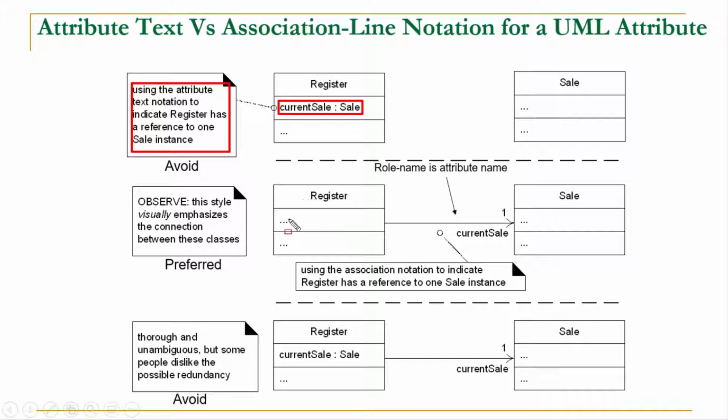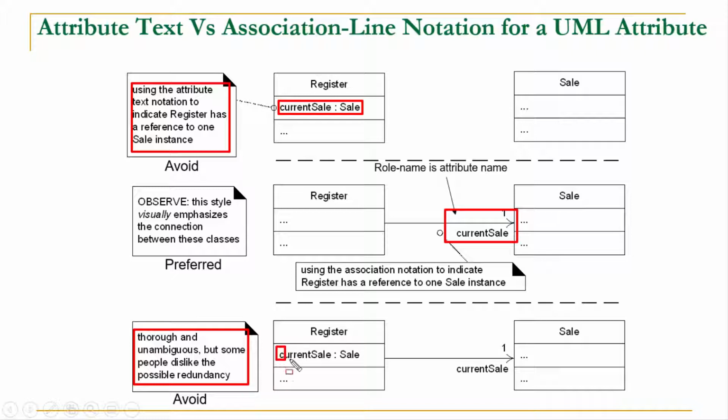On the other hand, I am not using any attribute text, rather I am using the association line. Observe that this style visually emphasizes the connection between these classes. So the register class and sale class are associated here. We have the third possibility where we are using the combination of both.